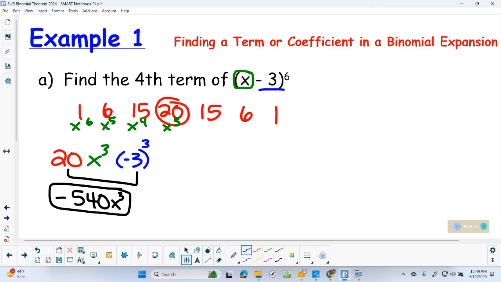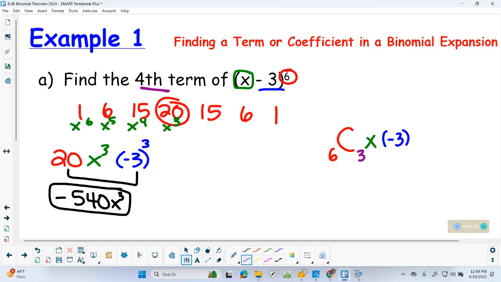Now, if you're doing combinations, which is totally fine, okay? If I'm going to do the combination, pretend you don't have the 1, 6, 15, you don't have the triangle up here. So again, your first subscript is going to be your exponent. To get the second one, so you're doing the 4th term, it's always 1 less than that. So 4 minus 1, 3. Same deal, you're going to have to fill in your x, your negative 3, and you have to figure out the powers on these guys.